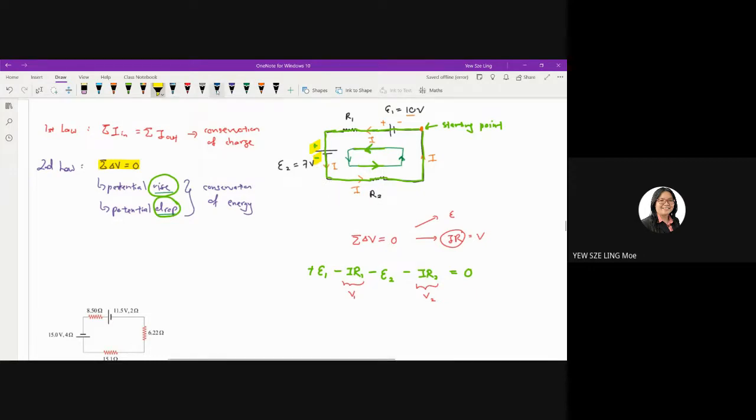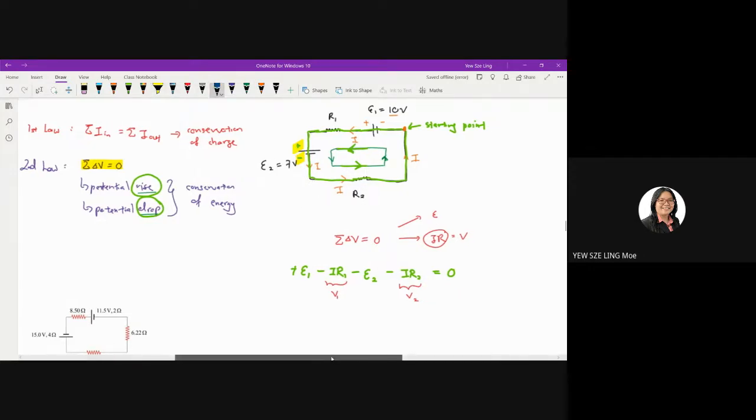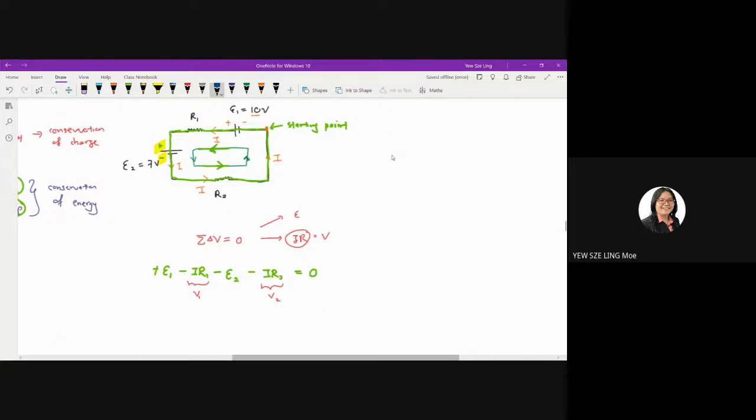So now let's see, does it make sense to have a negative value? Let's say you have a battery right here, and another battery right here. Why do we say potential drop? Because it needs energy to overcome the energy from the other battery. Imagine you have an electron.